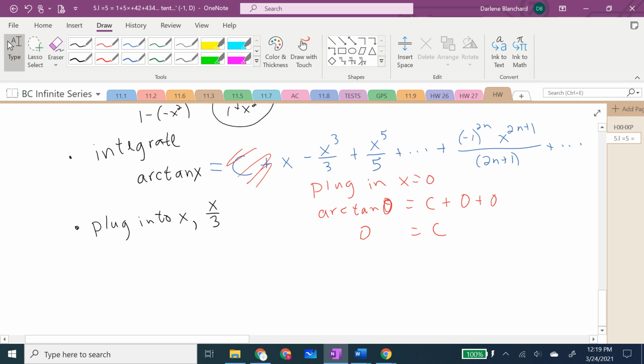And now I'm going to plug in the x over 3, and that'll be the last thing, and we'll be done. So x over 3, I didn't need the parentheses, I just did. And then minus, I'm going to go ahead and just not simplify it right now.